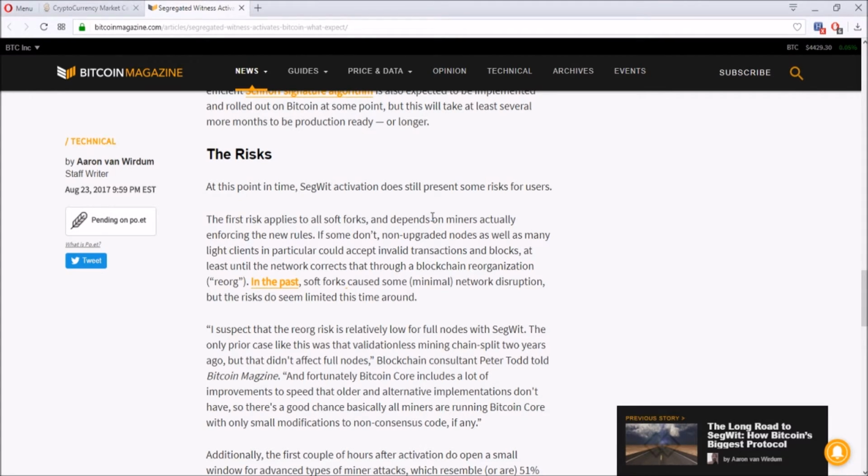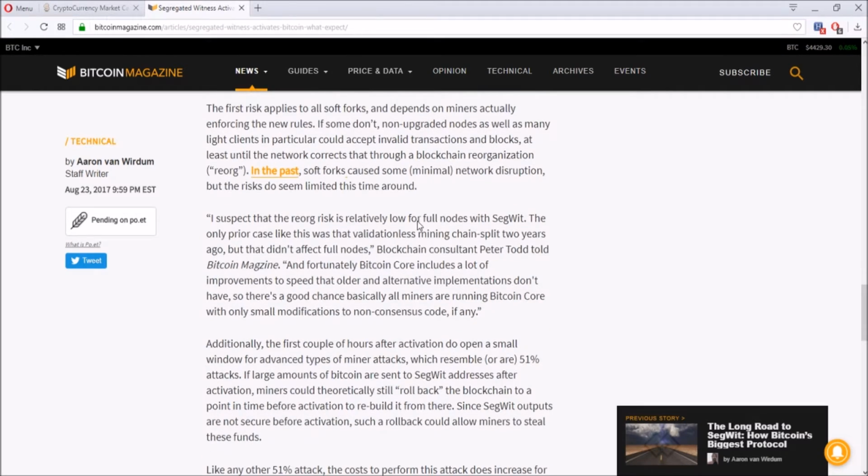The address has to be Segwit in order to do a Segwit to Segwit transaction. I'm not too sure about this, but for right now, if a regular Bitcoin transaction goes to a Segwit address, Segwit cannot be activated between the two.